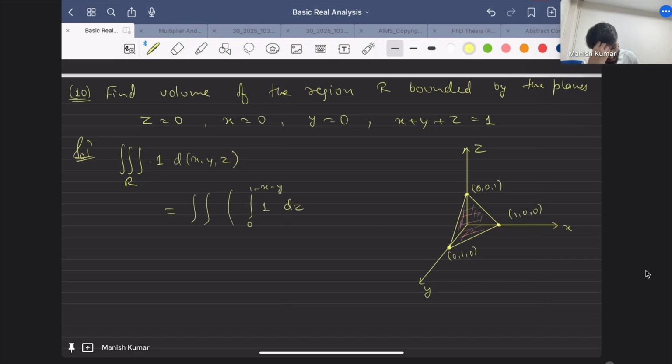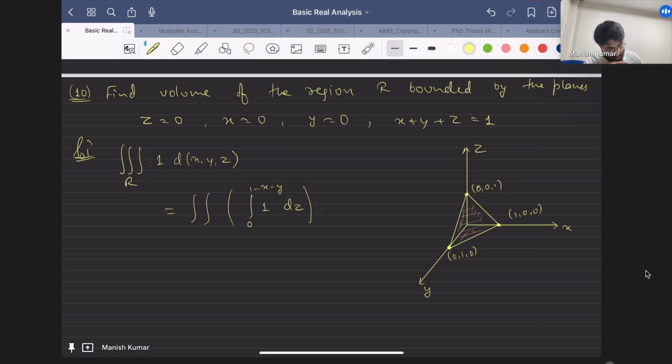So both y is varying from 0 to 1, sir, and x is also varying from 0 to 1. No. See, what you have done is like you look at the cross section probably, then I think you'll understand.